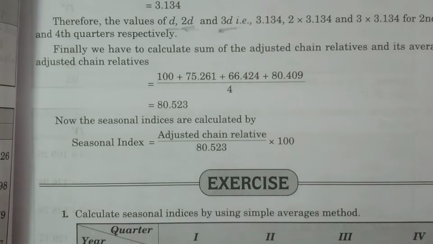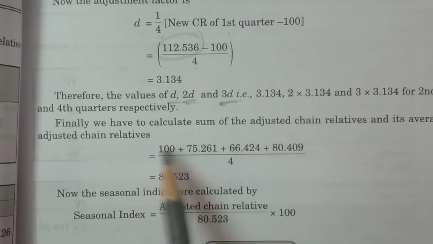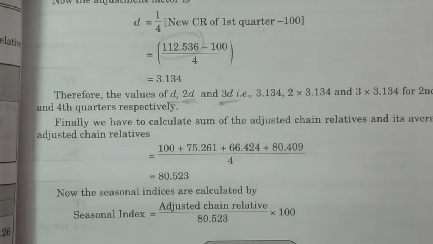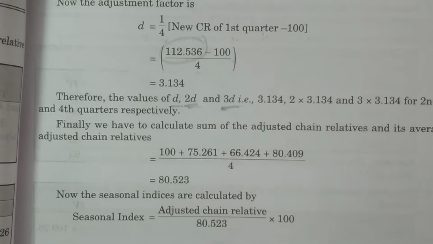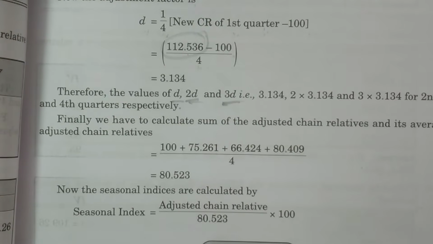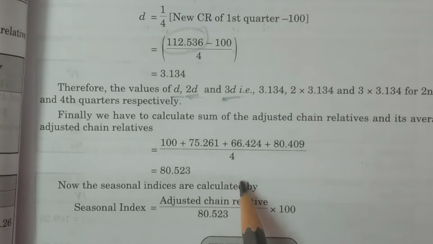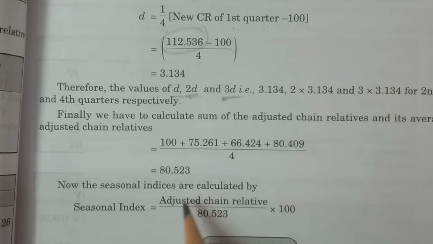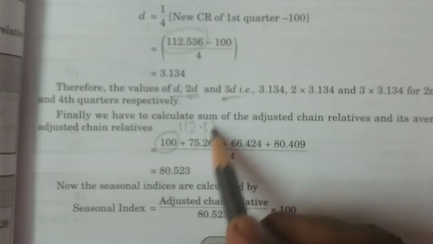How to calculate them? We have to calculate the average of all the adjusted chain relatives. After calculating the average, you add them and divide by 4. This first value is not 100, it is 112.536.